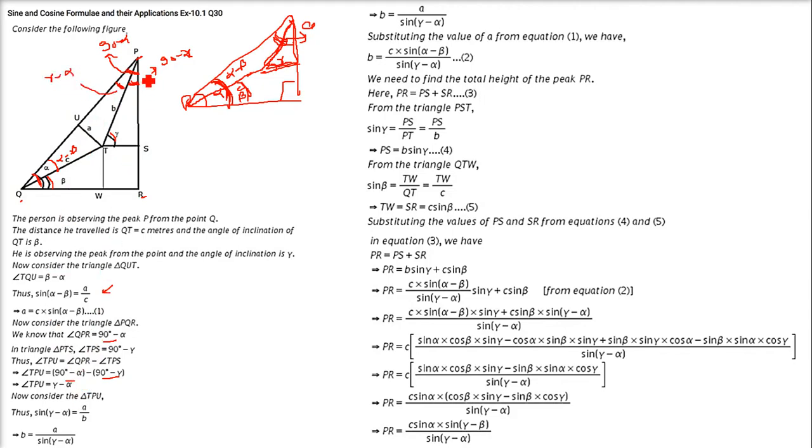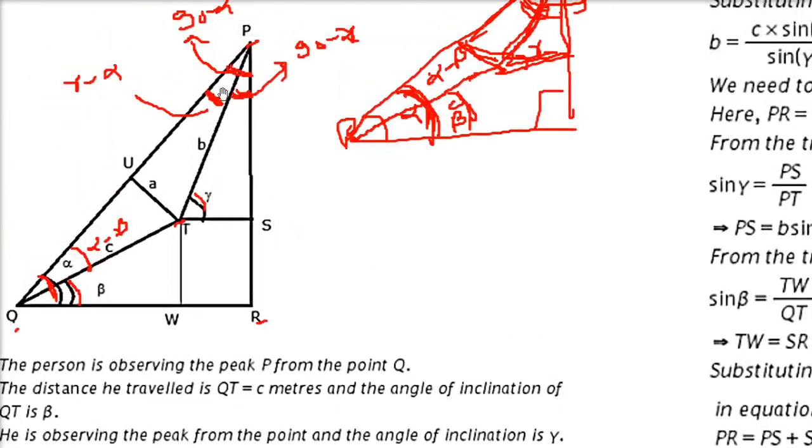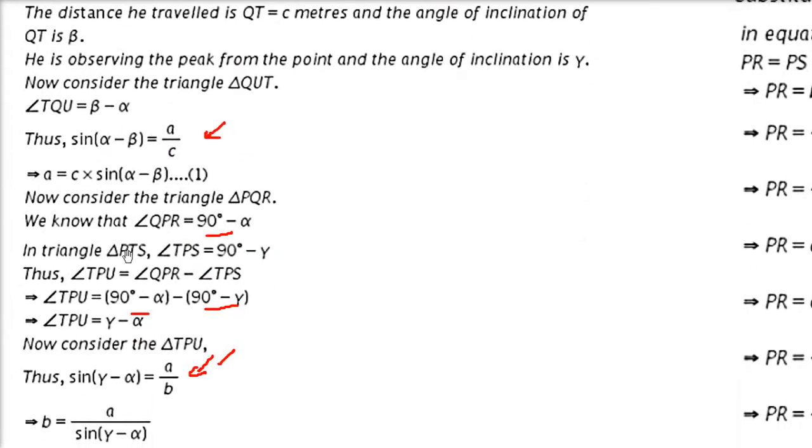Now we'll take the triangle TPU. In this triangle TPU, sine of this angle, sine of gamma minus alpha, will be perpendicular upon hypotenuse, that is A by B. So from here you get B equal to A by sine gamma minus alpha.